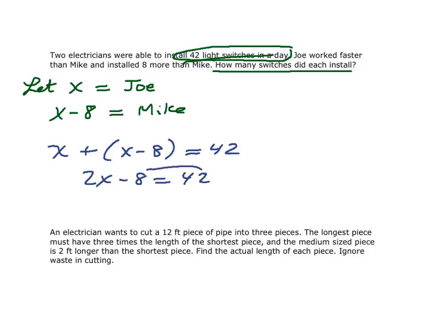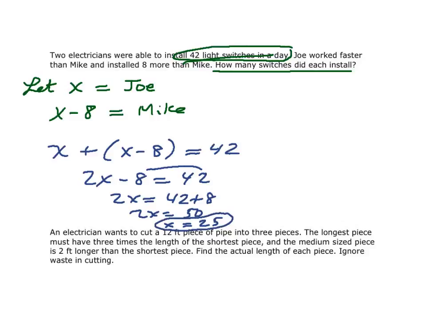We'll bring the 8 to the right, so 2X equals 42 plus 8. So 2X would equal 50. Solving for X, you would divide by 2. X equals 25.